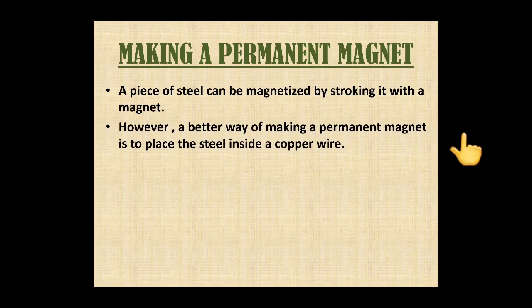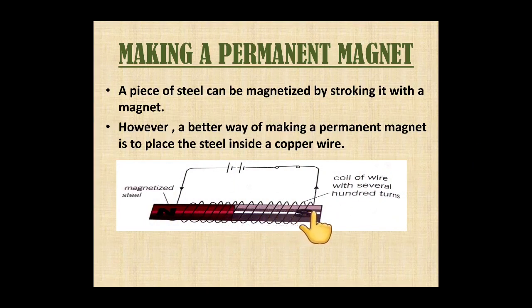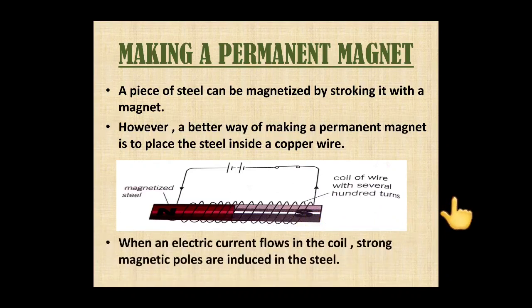However, a better way of making a permanent magnet is to place the steel inside a copper wire and pass electricity through it as shown in the figure. When electric current passes through the coil, it is magnetized and strong magnetic fields are induced in the steel.